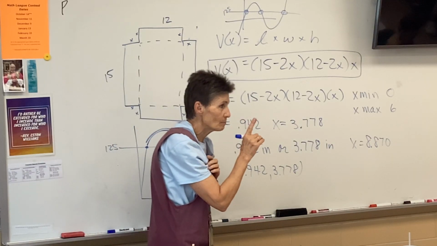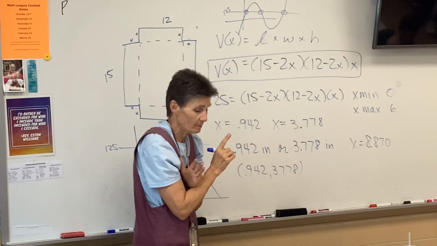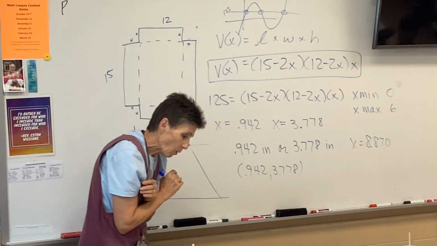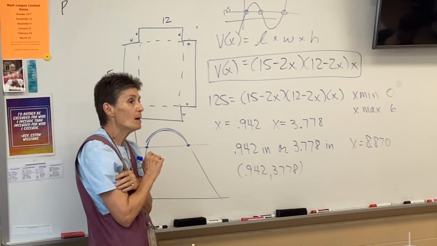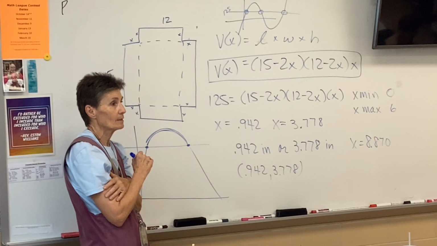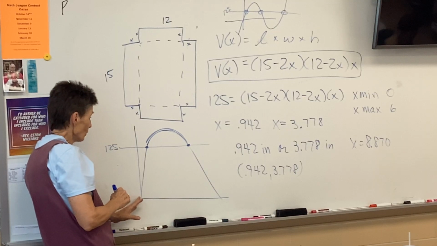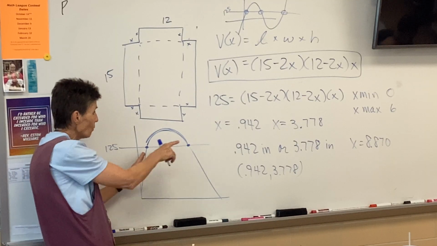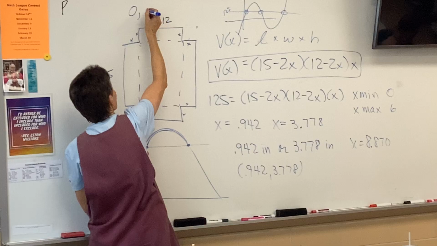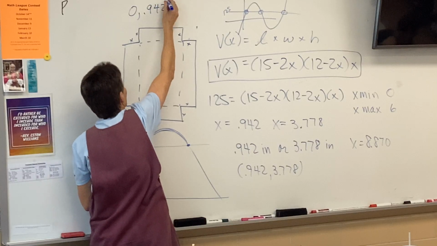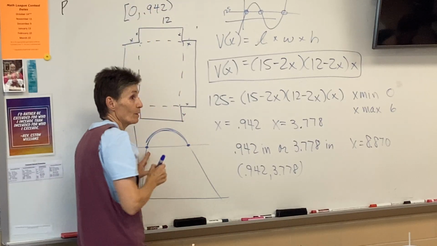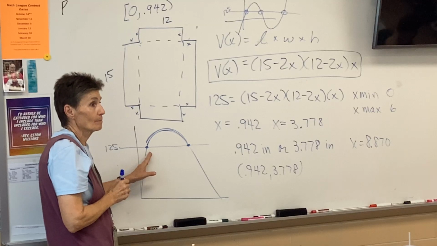So then here comes an important thing. I want the volume to be at most 125. So at most 125 would be from 0 to 0.9 or 2. Would you agree with that?